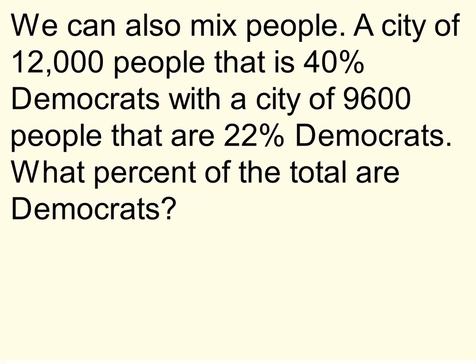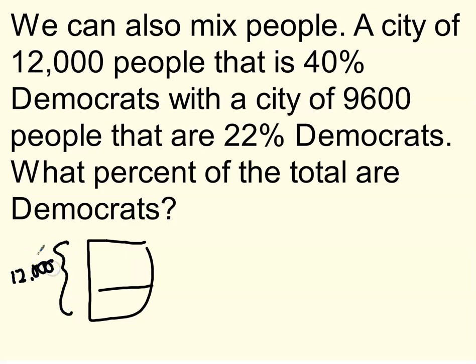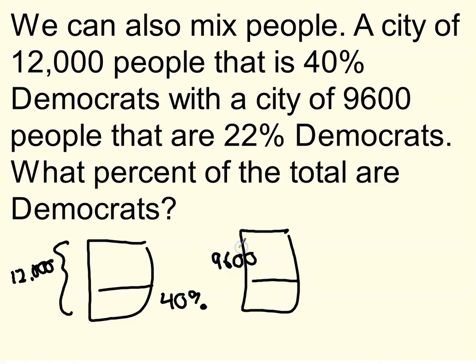Okay, so we can also mix people. And I think what I'm going to do is, instead of drawing the diagrams anymore, I'm just going to say, look, let's just make our own here. And we've got 12,000 people in the first city, and that is 40% Democrats. In the second city, we've got 9,600 people, and that's 22% Democrats.